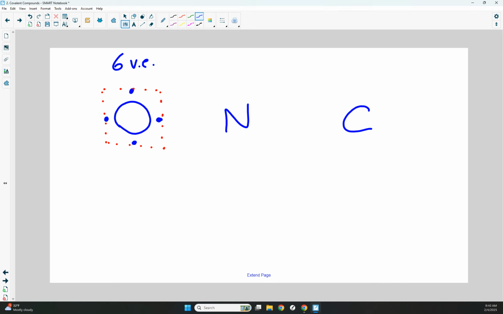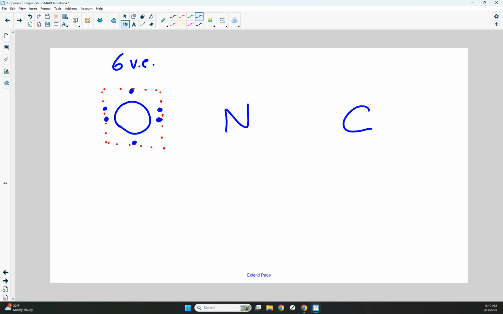Doesn't matter which ones we pair up. I could do the top and the bottom. I could do the top and one of the sides. I could do both sides. Let's go with that. So I'm going to pair up electrons on the sides here, the east and west, if you want to think of it that way. You should never have more than 2 electrons per side when you're doing these Lewis dot structures, and that is the Lewis dot structure for the atom oxygen.